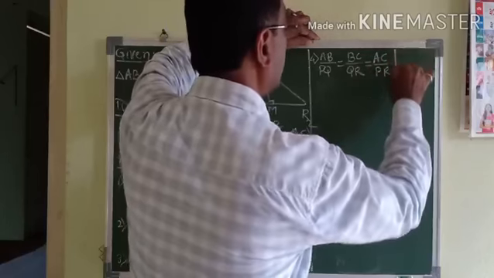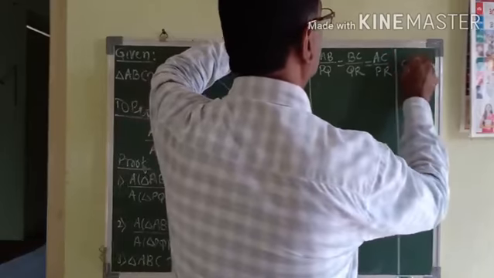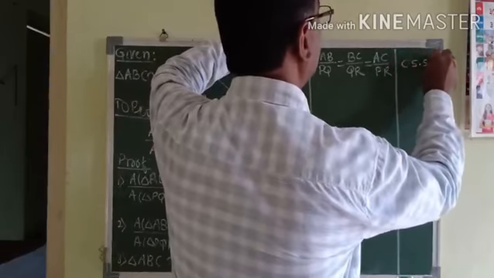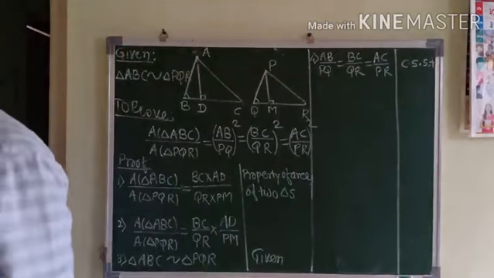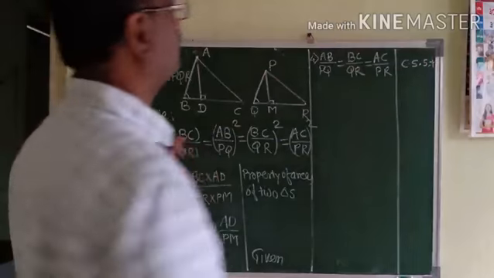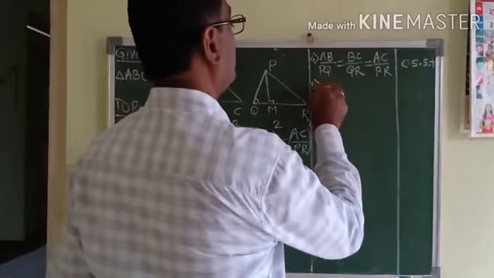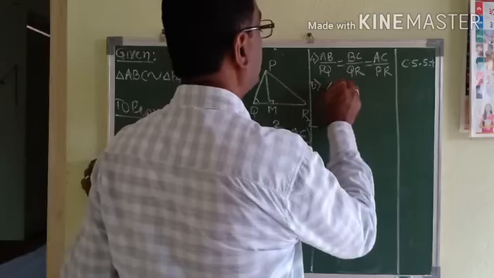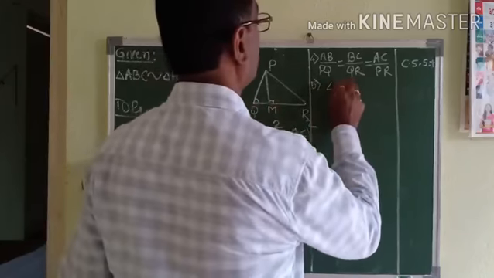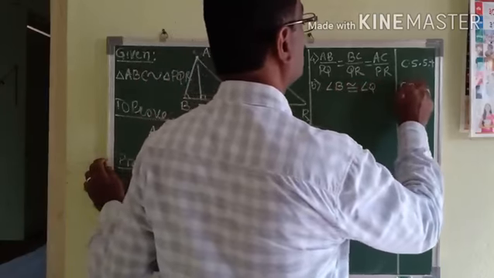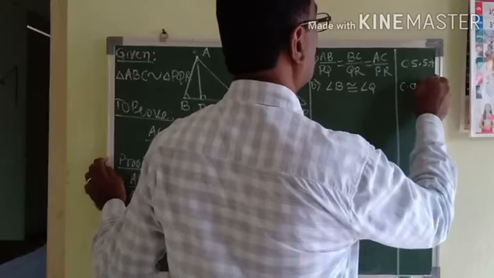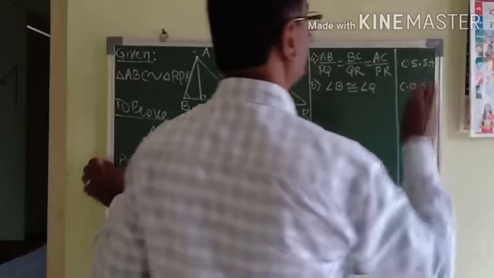And the reason for that: corresponding sides of similar triangles, CSST. Also their corresponding angles are congruent: angle B congruent to angle Q, corresponding angles of similar triangles.